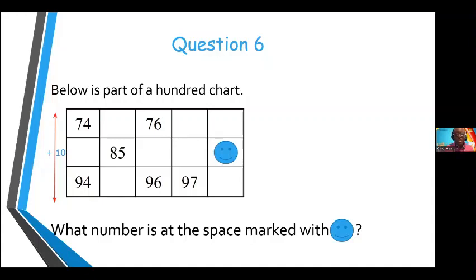Vicky, go ahead and tell me, how would you get the 88? You will have to add 10. To? What am I adding 10 to? I don't see anything above the smiley face, so what would I be adding 10 to?